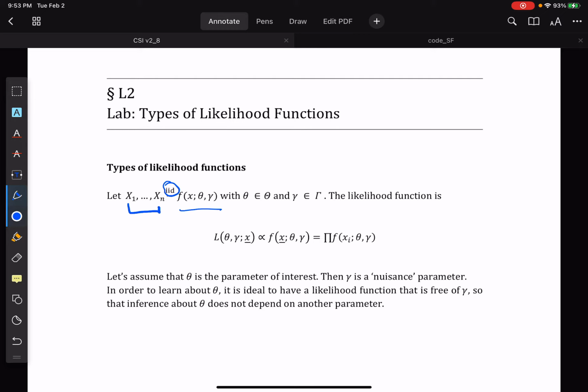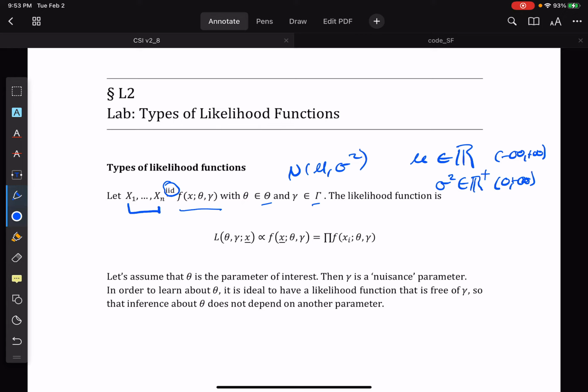So for example, if this were a normal with mu and sigma squared, mu might be an element of the reals, meaning it can go from minus infinity to plus infinity. But sigma squared has to be positive, so that's the reals plus, or 0 to positive infinity. So that's what these spaces are.